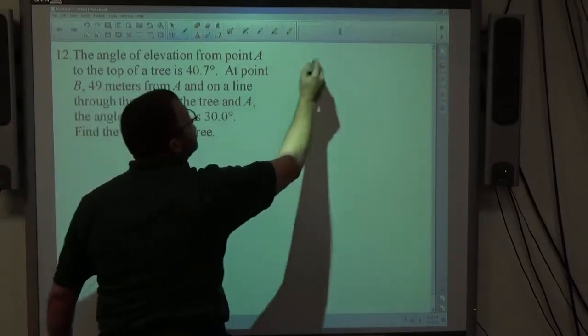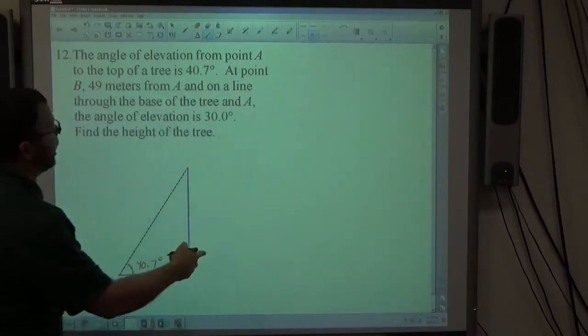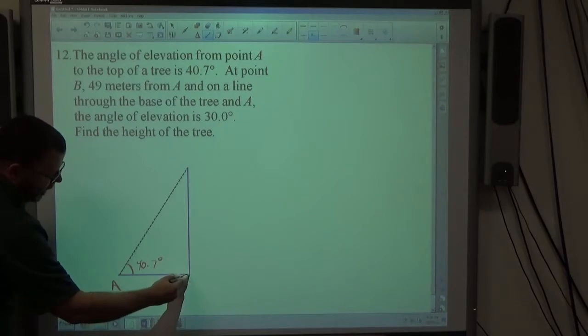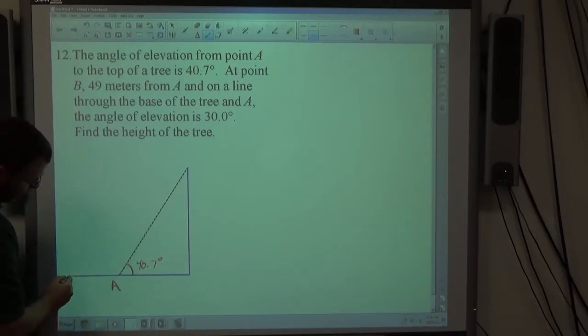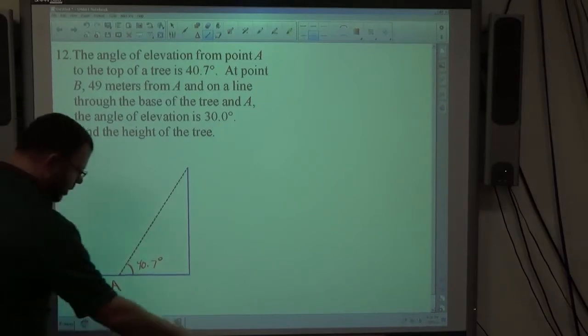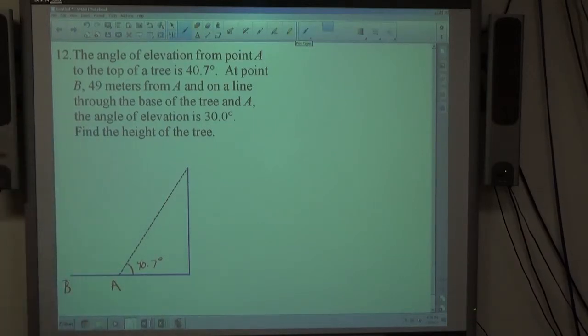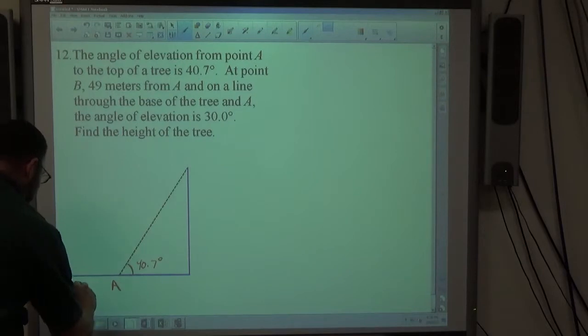Then, if I stay on the same line that I'm on from the tree to point A, and I come further out here to some point B, it specifically tells me that this point B is exactly 49 meters away from A, further back.